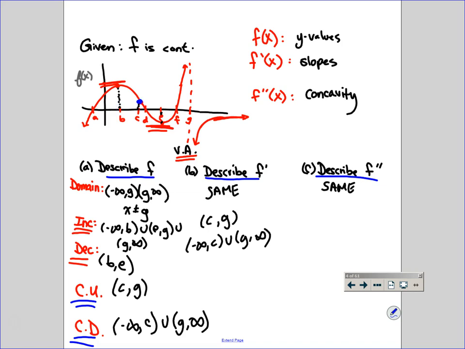Weren't those my points of inflection and my vertical asymptotes? Discontinuities can be separating all sorts of stuff, increasing, decreasing, or concave up, concave down. But otherwise, points of inflection also separate increasing, decreasing of the derivative. Now, we're purposely going to leave these ones blank anyway.